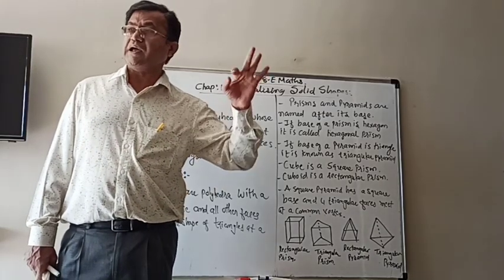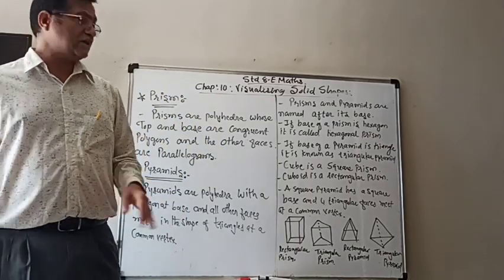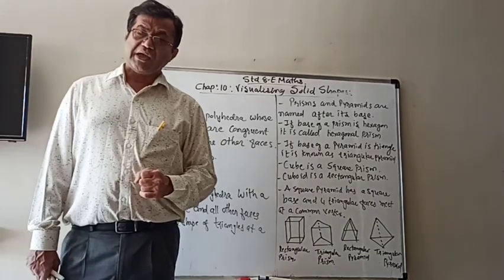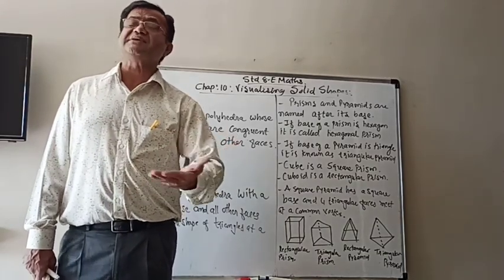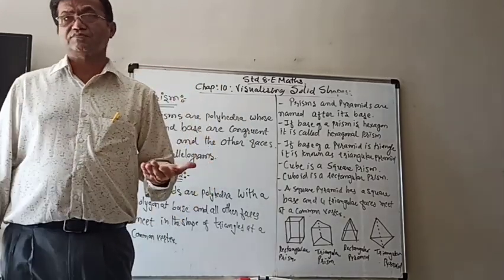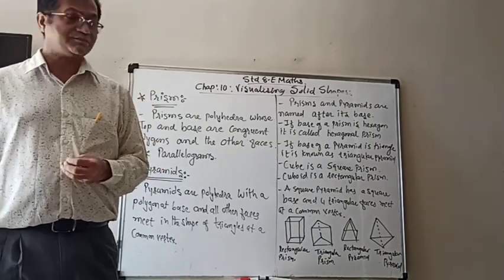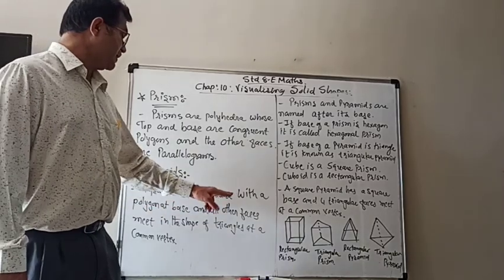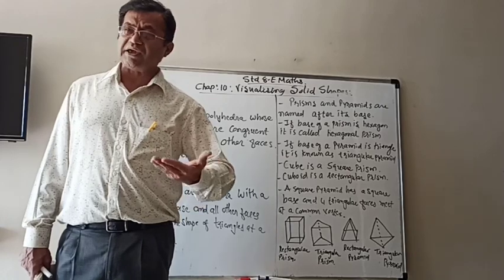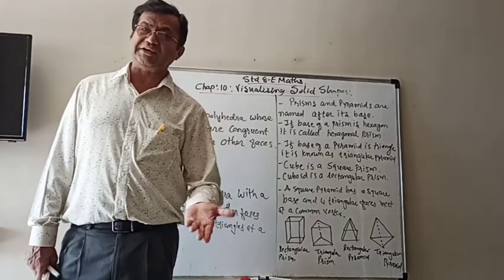The other faces are parallelograms. And the other solid is the pyramid. Pyramids have only one base. It should not have a top. The base is a polygon. So pyramids are polyhedra with a polygon at the base. At the base there can be a triangle, a quadrilateral, a pentagon or a hexagon.